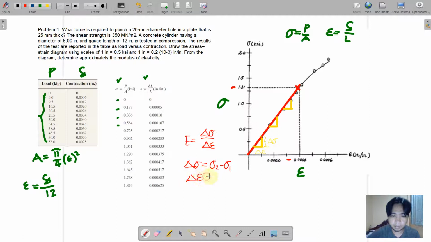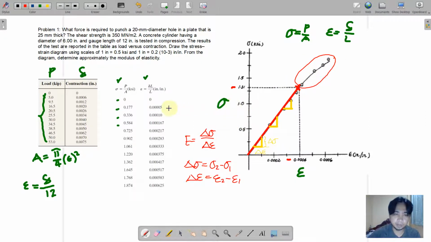Similarly, this is the difference between the two strains, in which you could apply. What is important, you have 2 points. In order to establish this one, you could apply within this straight line. But the danger here is, do not pick points that is within the edge or within this curve. So that is the key here.